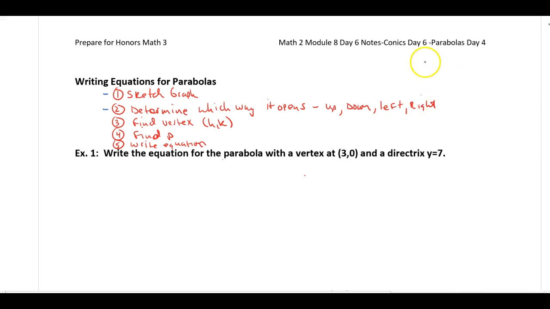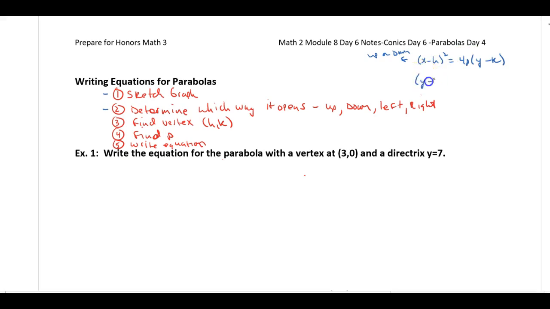Remember, if it opens up or down, it's x minus h squared equals 4p times y minus k, right? This is up or down. What determines if it's down is if 4p is negative.